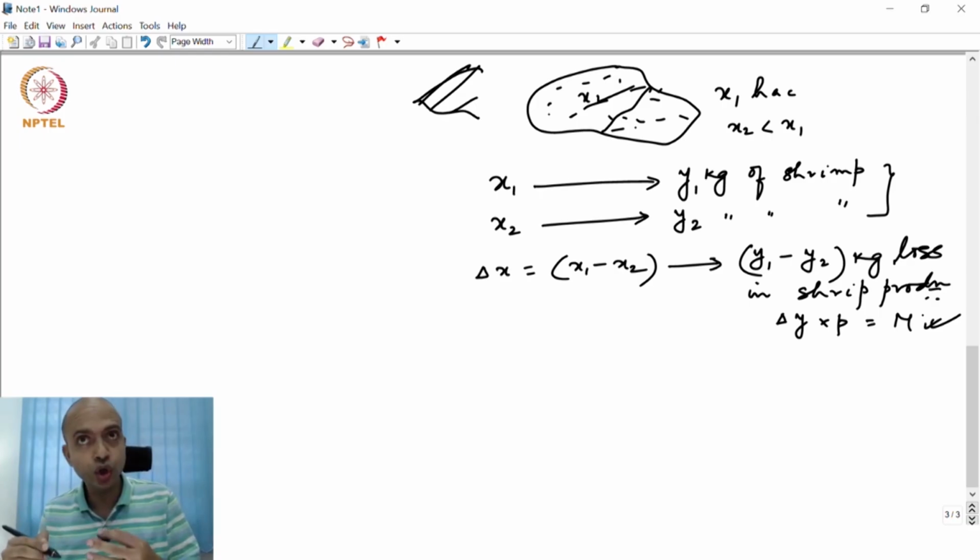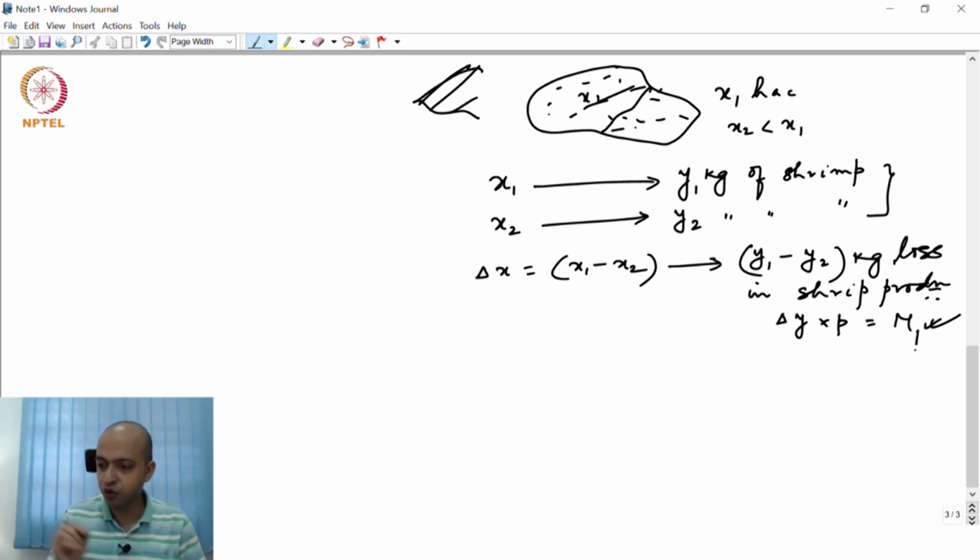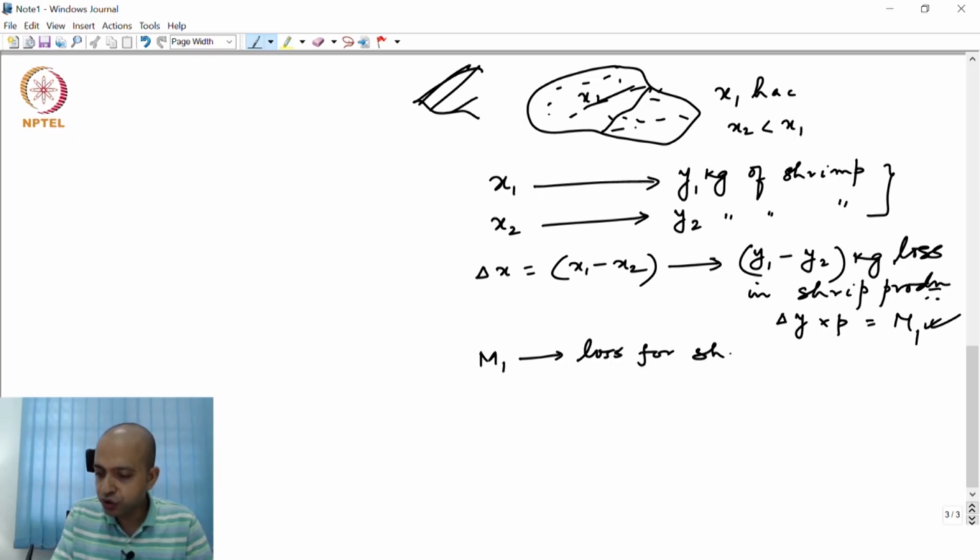Now what we need to do is identify all these services. Let us say M1 is the loss in profit for the shrimp producers for delta x amount of change in wetland, and M2 is the loss for paddy producers.